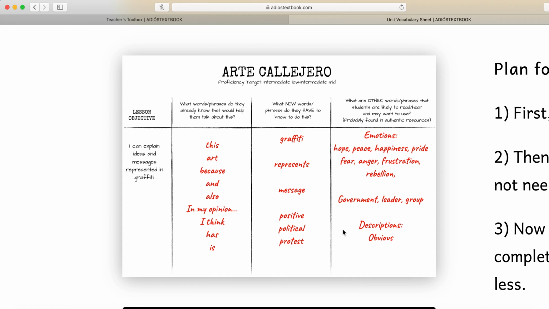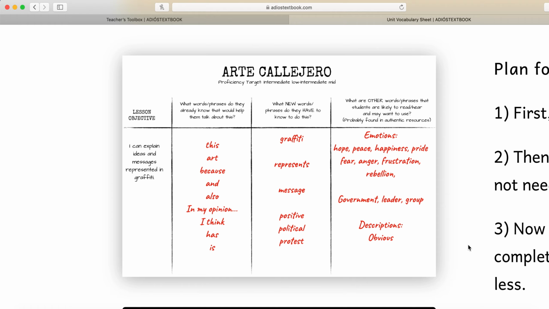Here are some other words, and then descriptions. They've got to be able to describe it. And this even goes back to they might already know some of these. Like, do I really need to teach the basic colors again? Probably not, but maybe it's time to teach them how to say light blue or dark blue or something along those lines.